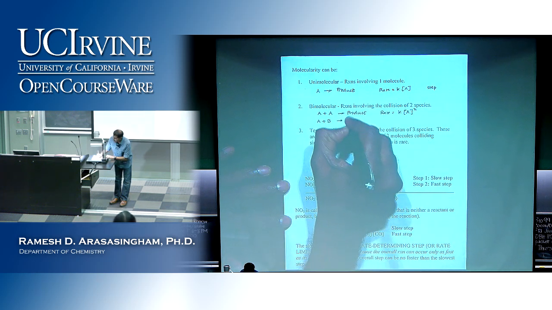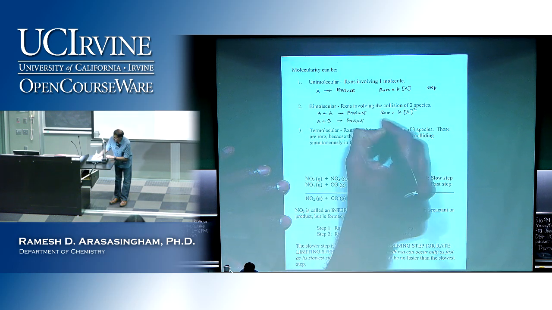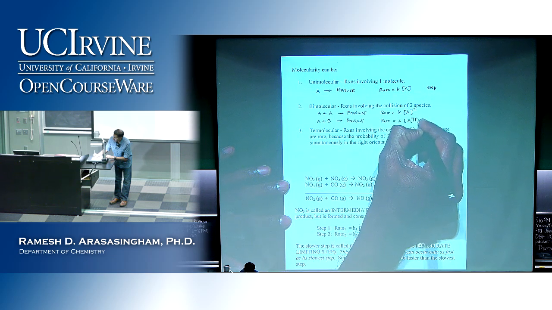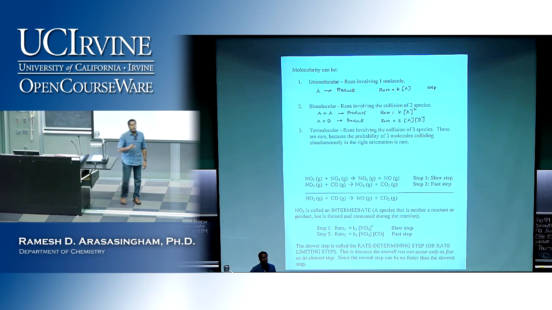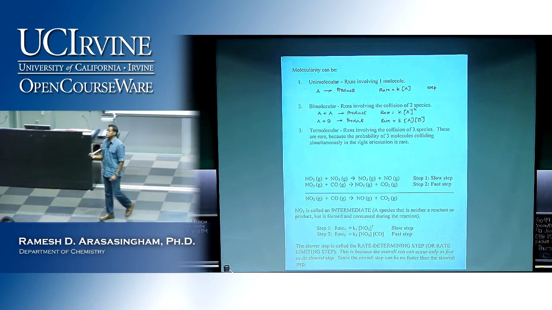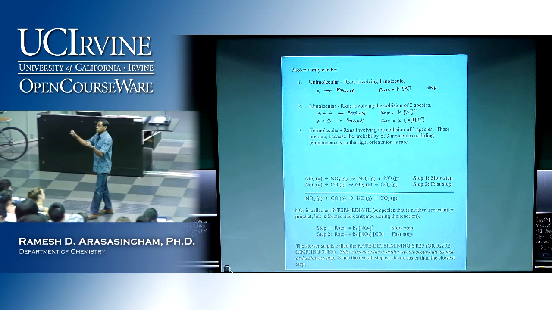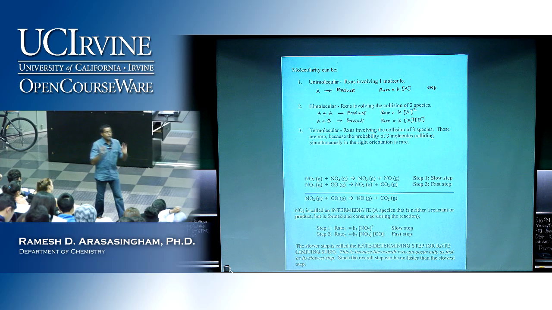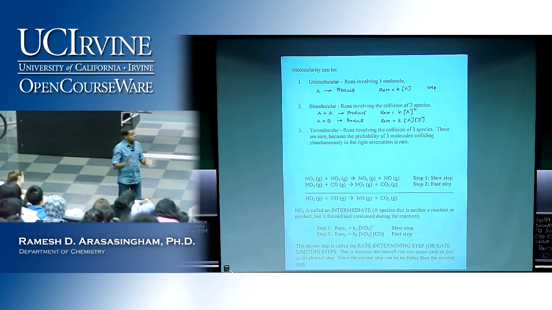So if this happens, you can see rate is K, first order in A and first order in B, but overall it's second order. So if you have two molecules colliding, you always call it bimolecular, and a bimolecular reaction will always be overall second order.